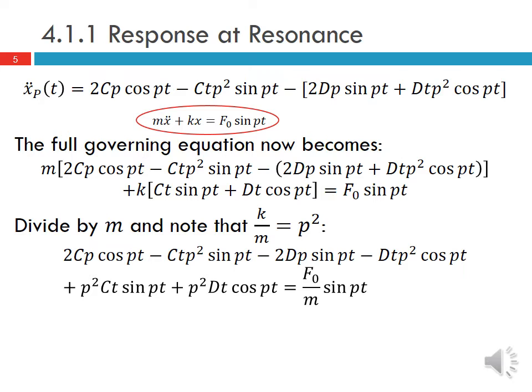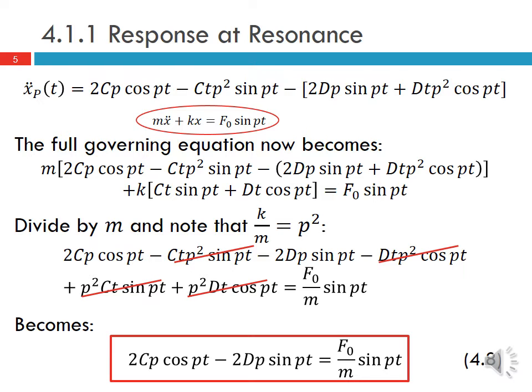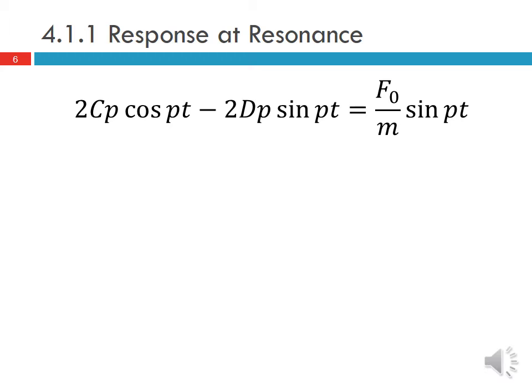Then the p squared ct sine pt terms can go away, and these two terms can go away. Our governing equation then becomes this expression here.